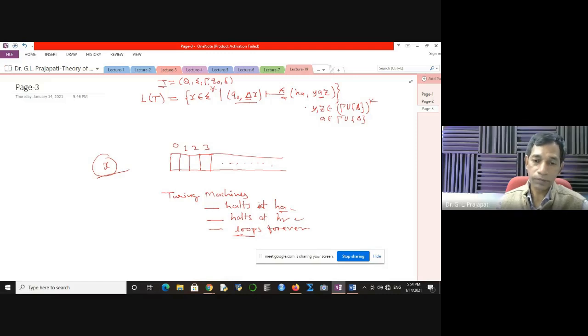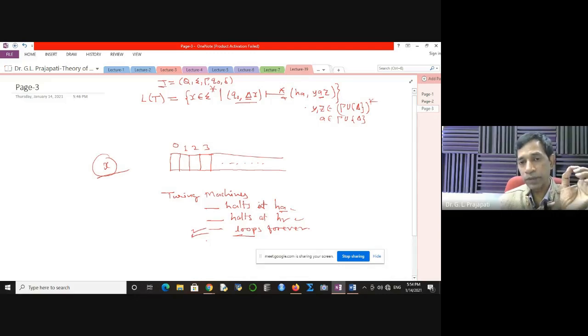So there is the third possibility in the case of the Turing machine, looping forever, and once the Turing machine loops forever, undecidability comes. We are not able to decide for the input whether it is in the language or not. That's why the language accepted by the Turing machine is the set of strings x for which the Turing machine halts in HA.